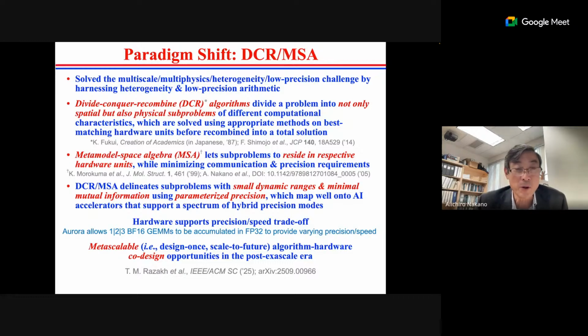For example, Aurora allows either 1, 2, or 3 BF16 GEMMs to be accumulated in FP32 to provide varying precision and speed. So that kind of spectrum of accuracy is now being provided by hardware. This creates a meta-scalable algorithm-hardware co-design opportunity in the post-exascale era. By meta-scalable, I mean design the algorithm only once, and it will continue to scale to future architectures.